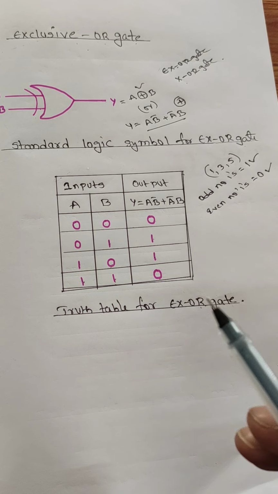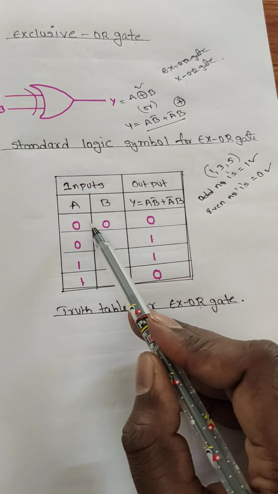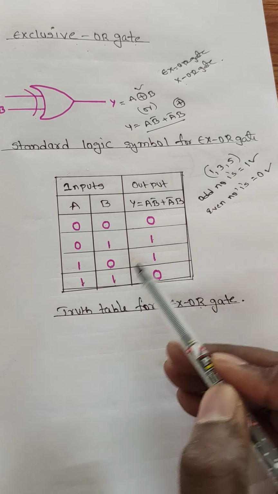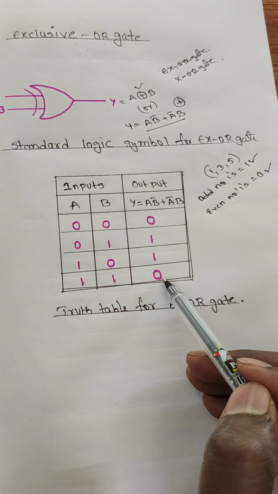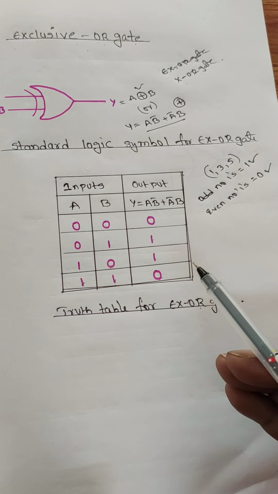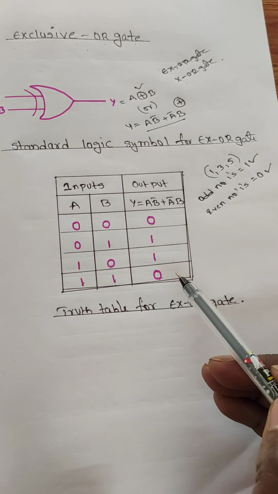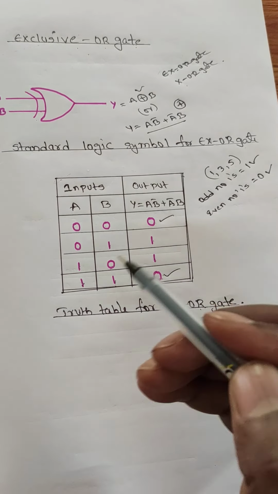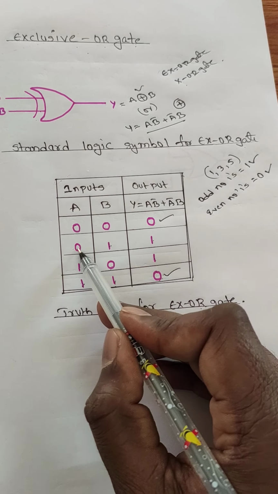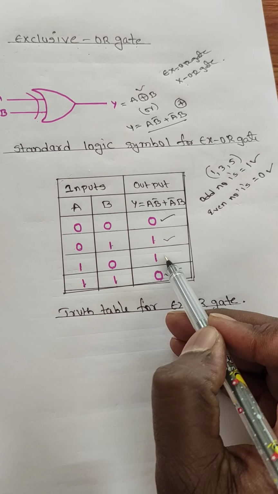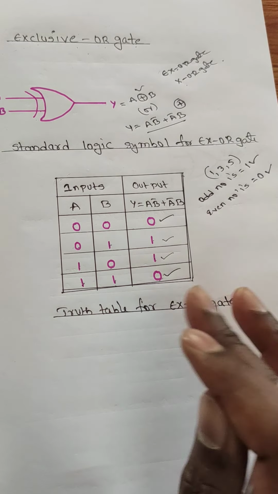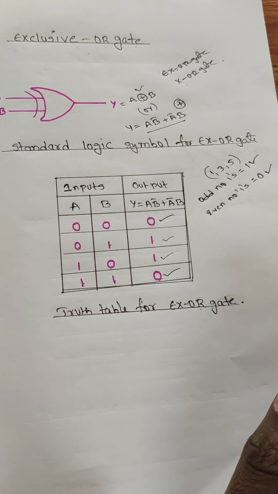When both inputs are equal, the output is low. When both inputs are unequal, the output will be high. This logic will be applied for only the 2 input XOR gate.